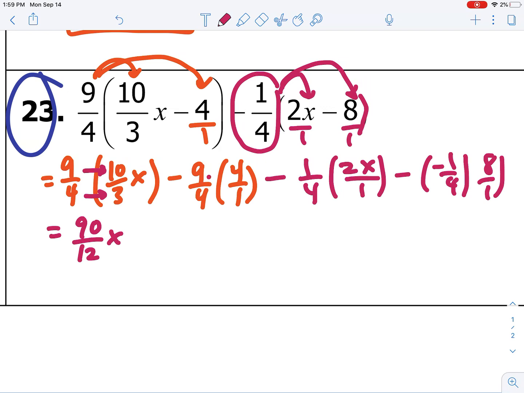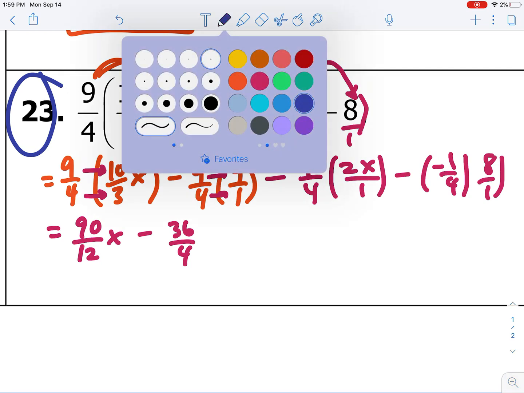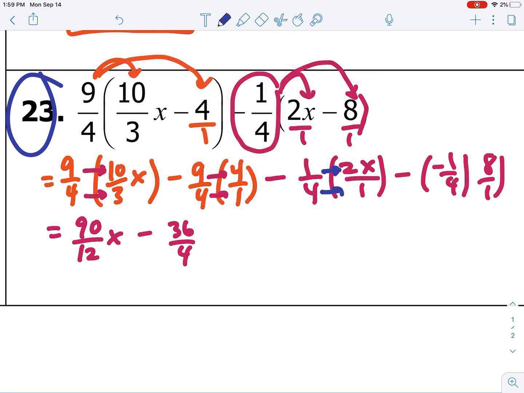We have 90 over 12x minus 36 over 4 minus 2 over 4x. I see a minus here, minus a negative 8 over 4.